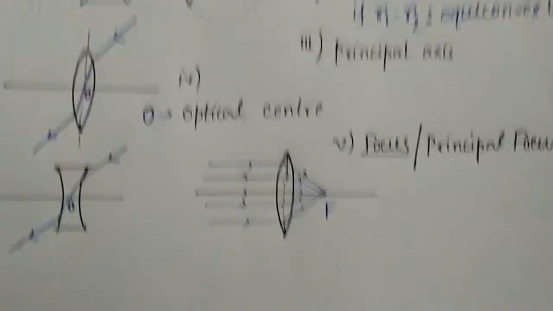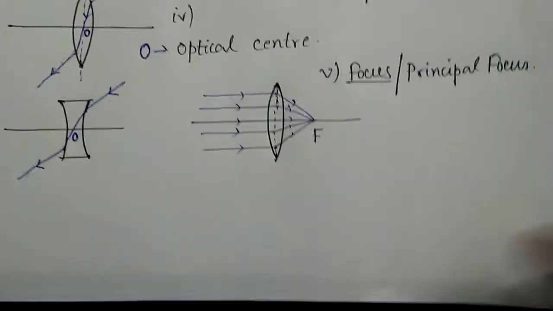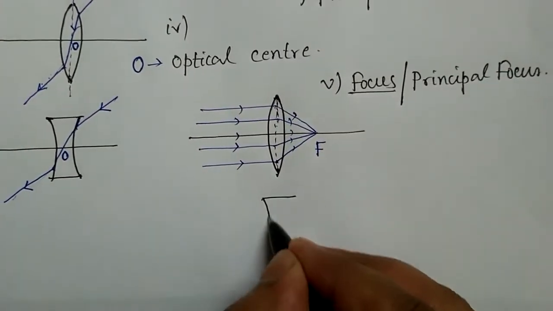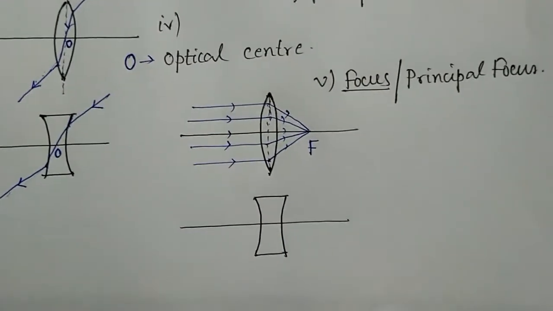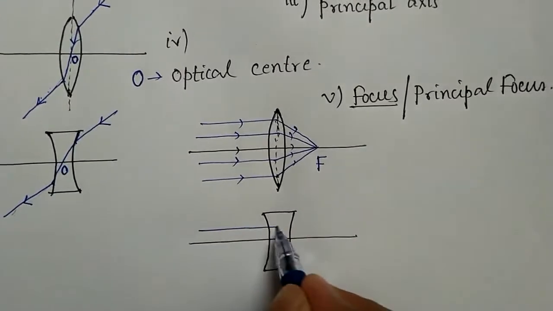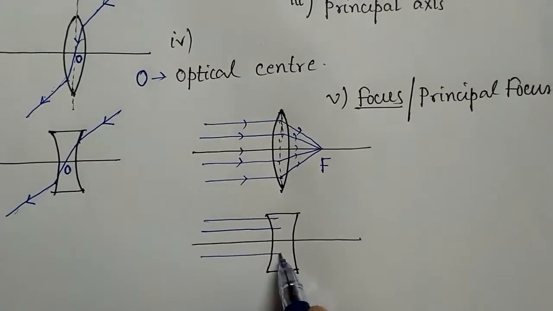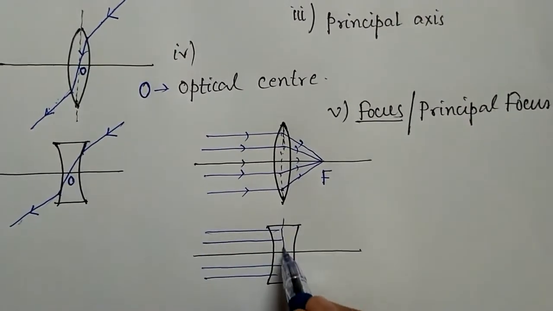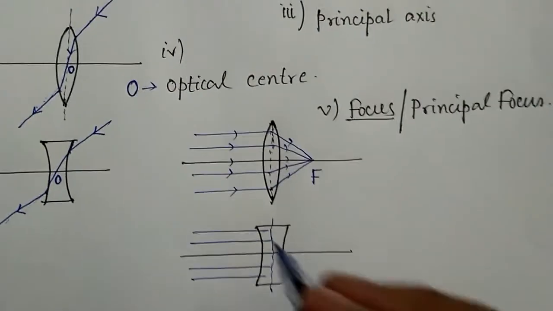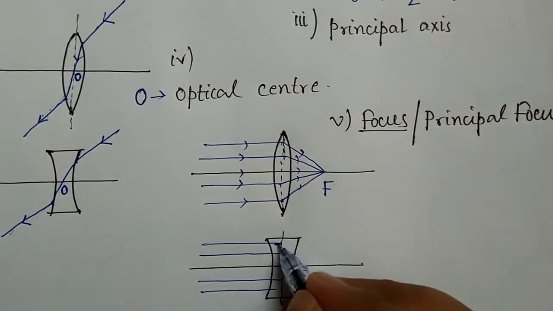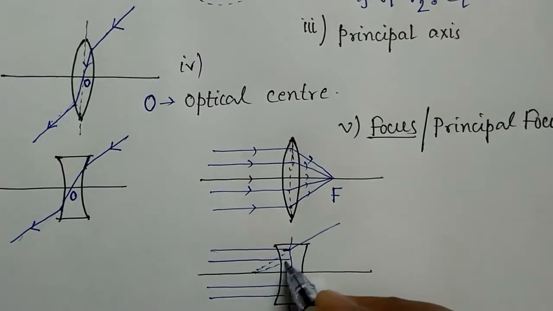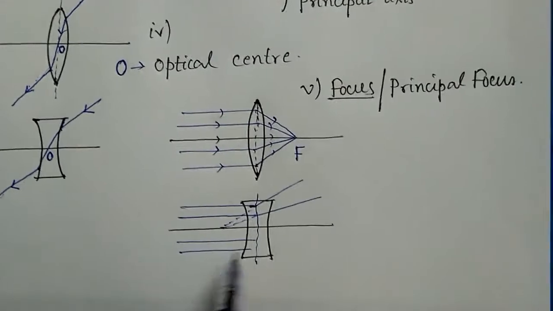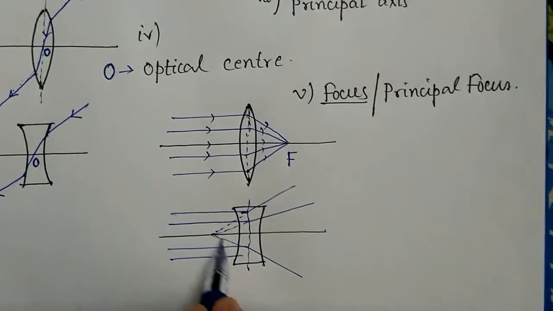What will happen in case of a concave lens? Let's say this is a concave lens and I am drawing the principal axis here. Some parallel rays are incident on it. Let's say this is the principal cross section. Now after refraction it will seem that they are diverging out from a certain point.